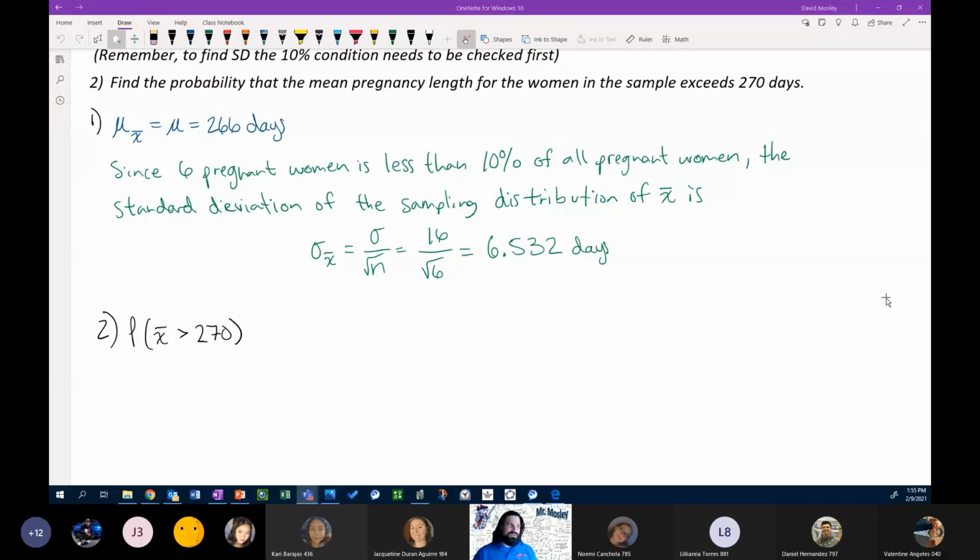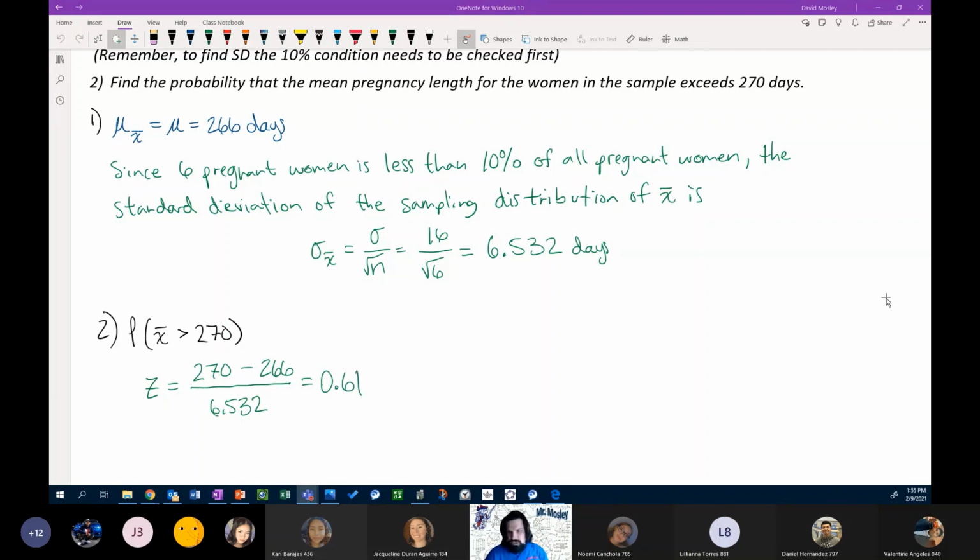So the first thing we have to do is standardize 270. So we get z equals 270 minus the mean of 266 divided by the standard deviation of 6.532. And we get a z-score of 0.61.